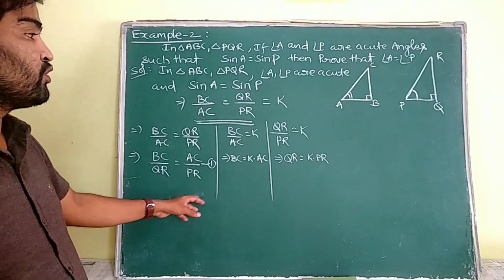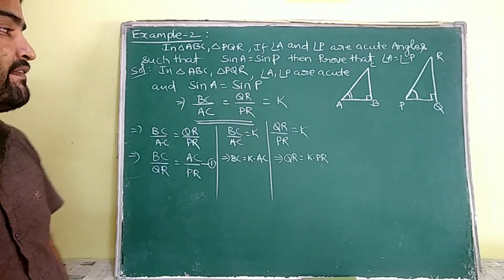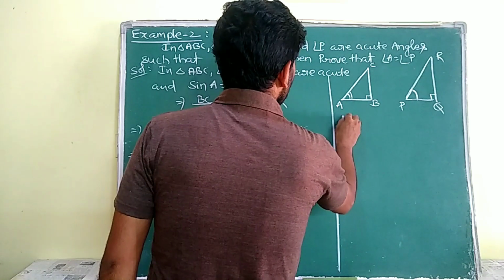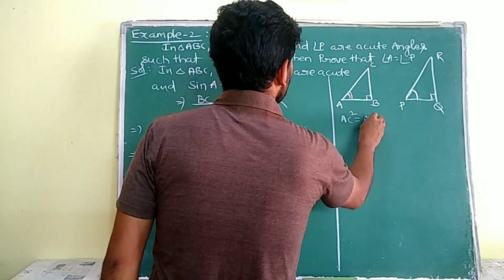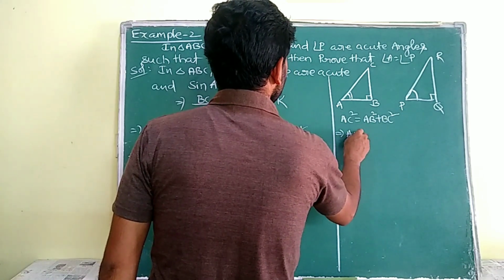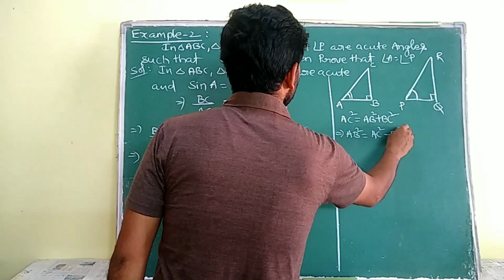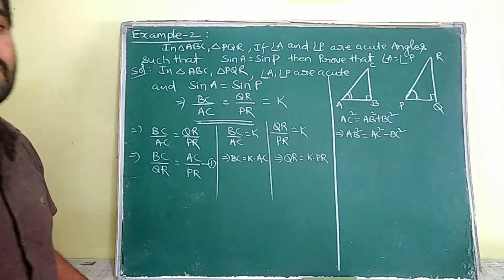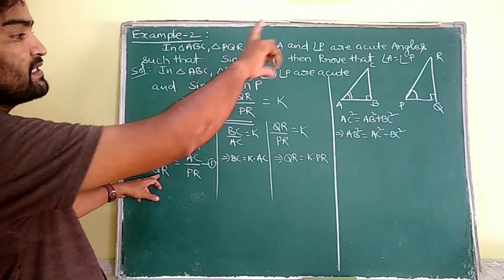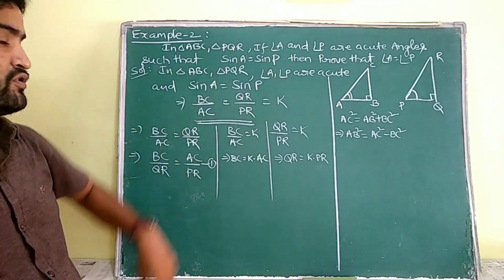For that, I am going to calculate the third sides AB and PQ in the given two triangles. See, in this triangle ABC, by Pythagoras theorem, AC square is equal to AB square plus BC square. Now here I have to calculate AB square. Then AB square is equal to AC square minus BC square. Why am I going to calculate AB square? Because BC by QR and AC by PR, that means the hypotenuse, are known.